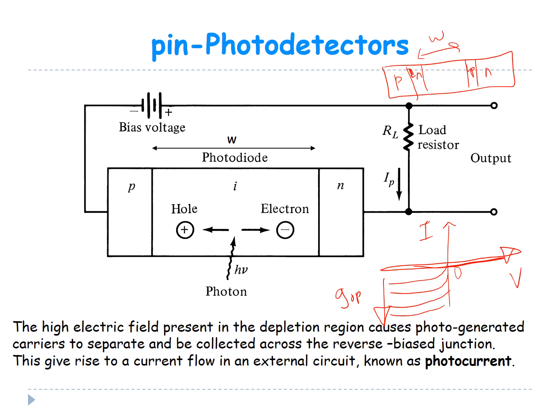Illumination should be done within this region, and if it's done further away, the minority carriers, the electrons here, will recombine before they reach the depletion region, and they will not be swept by the built-in electric field there.